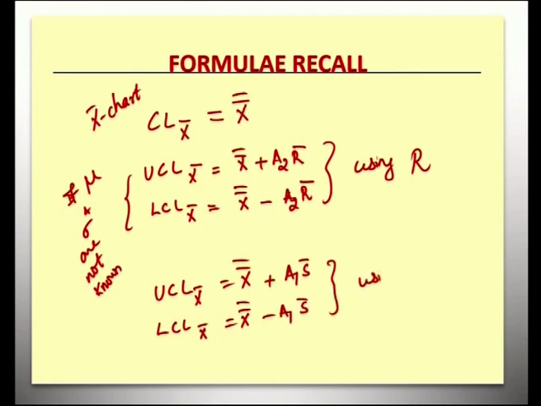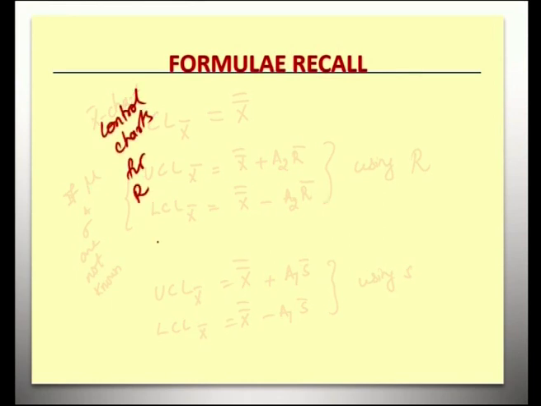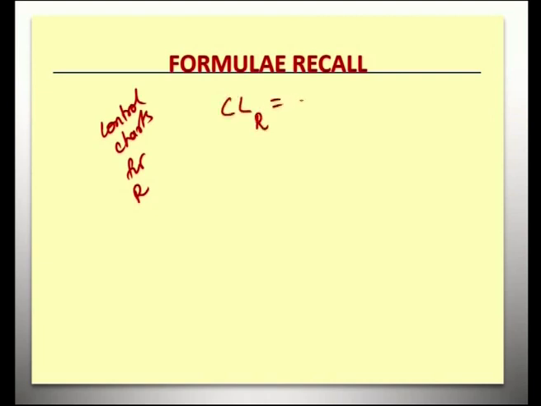We also discussed a control chart for R. Whether sigma is known or unknown, the central line for R is always r bar, and then UCL of R is equal to d4 into r bar, and LCL of R is equal to d3 into r bar.